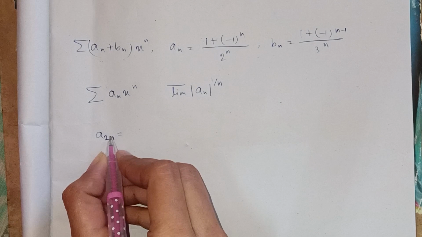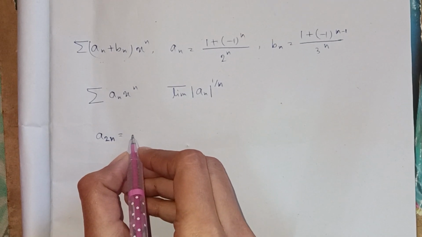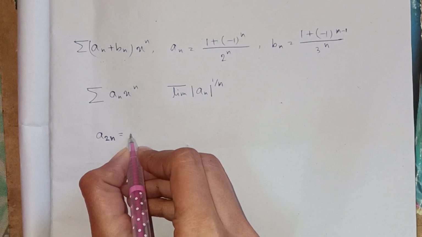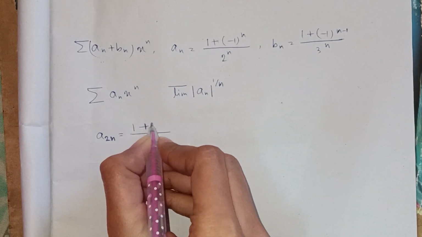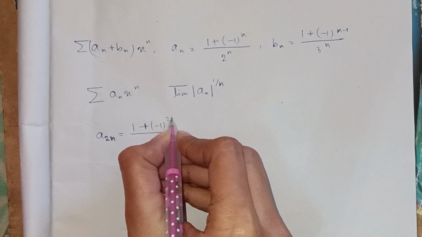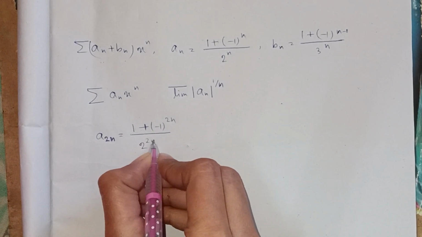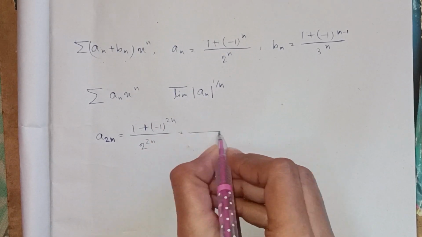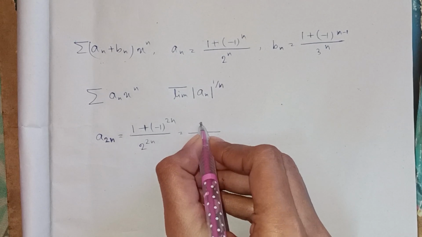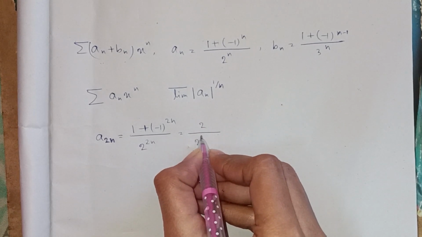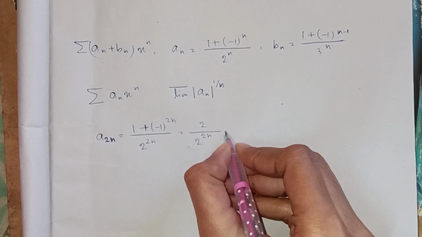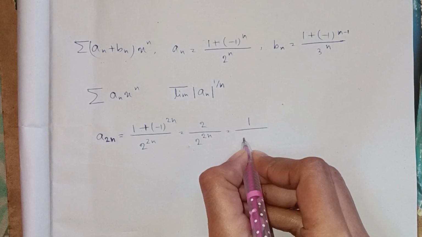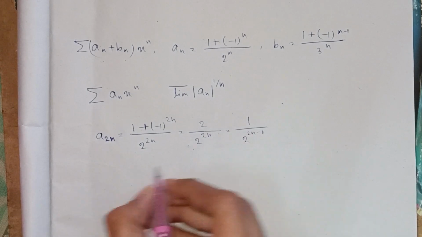Well, when the suffix is some even number, we get 1 plus minus 1 whole to the power 2n over 2 to the power 2n, and minus 1 whole to the power some even number is 1, so 1 plus 1 is 2, and here in the denominator 2 to the power 2n, so it will become 1 over 2 to the power 2n minus 1.